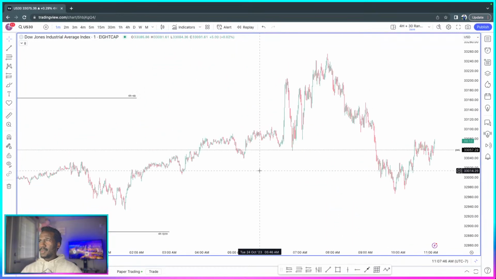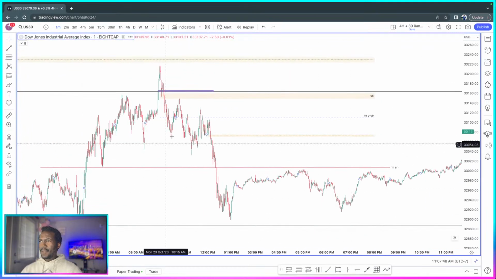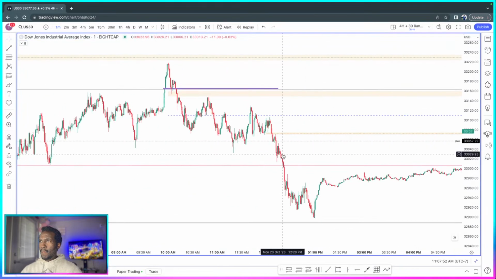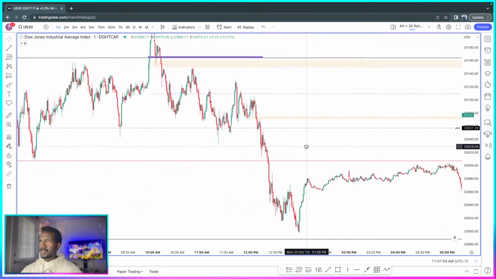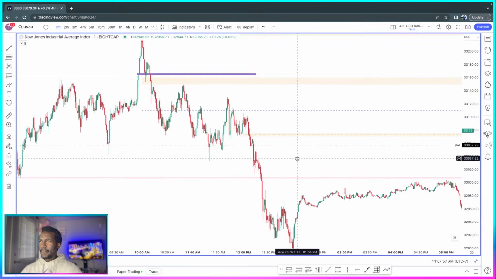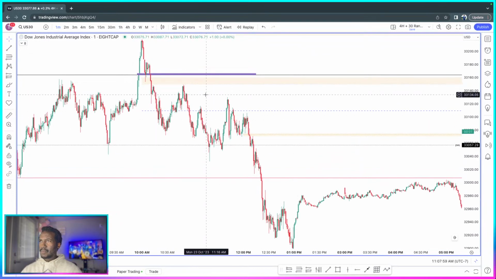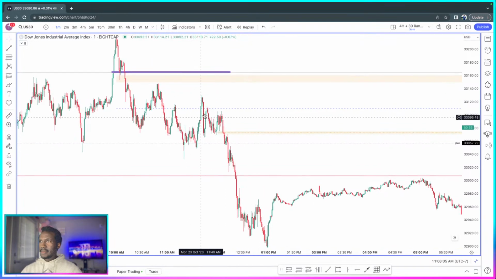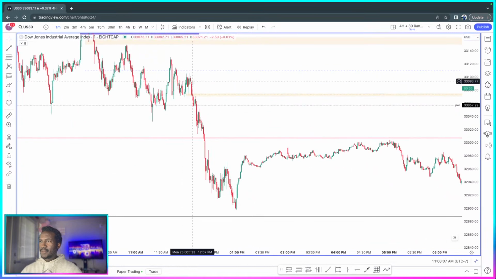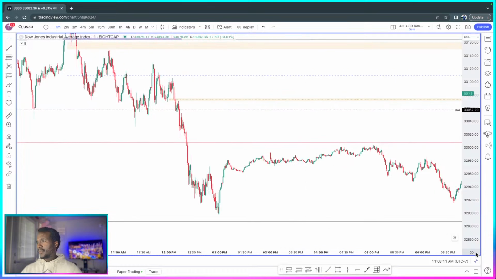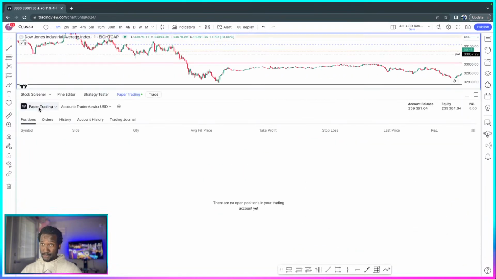So to do a recap of yesterday, we had a position from this area, and if I remember, I shouldn't have closed them, but I think I got in somewhere below this line, somewhere here, and we were able to make some progress on this paper trading account that is now at 239.